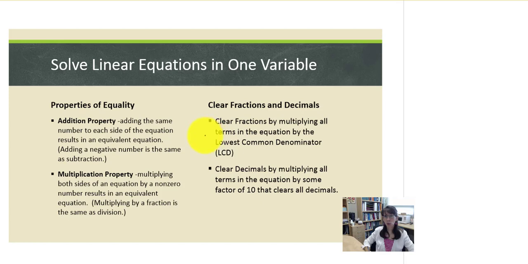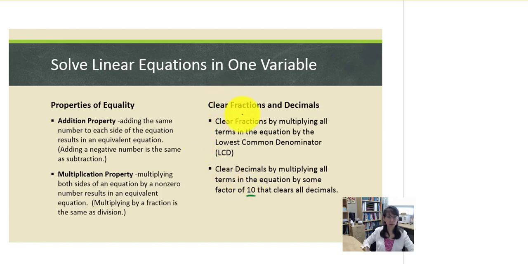Some of the equations we're working with today will either have fractions or decimals. Now decimals are pretty easy to work with, especially if you're using your calculator, so we don't worry about them so much. But if you want to eliminate decimals, you can find some factor of 10 to multiply every term by, and then your decimals will be eliminated.